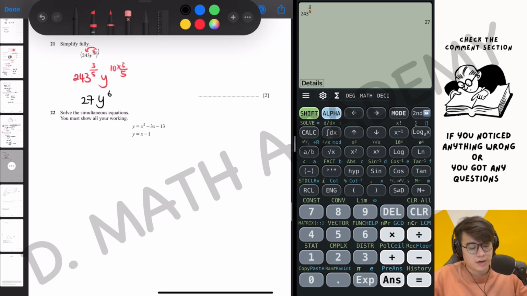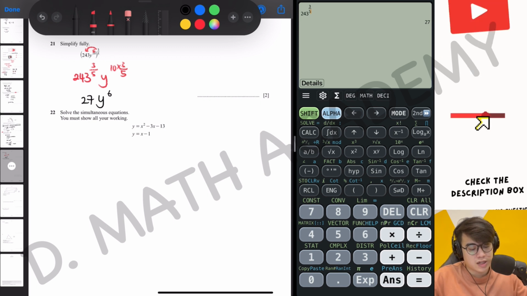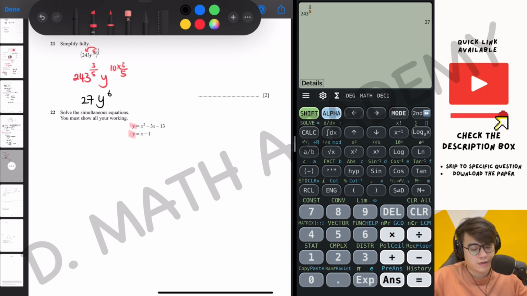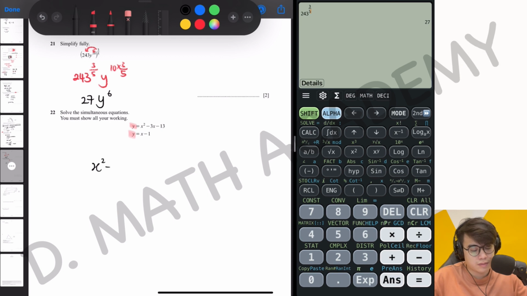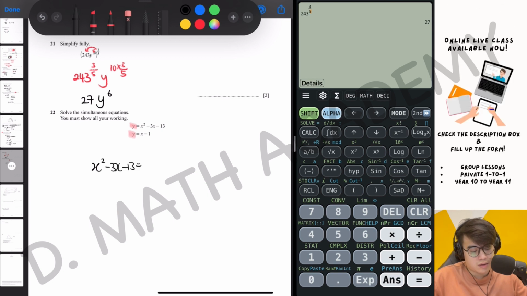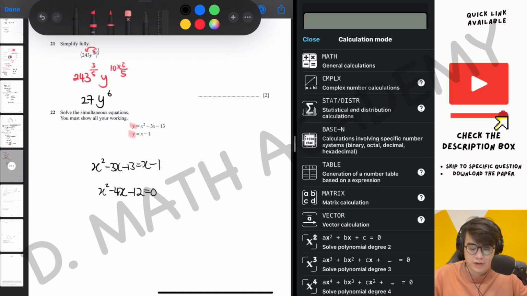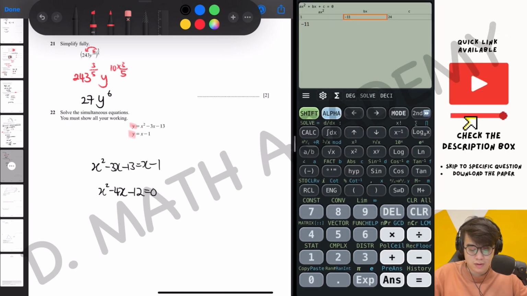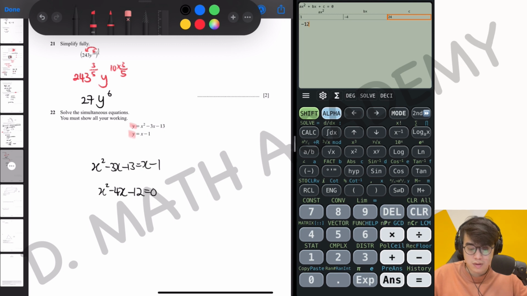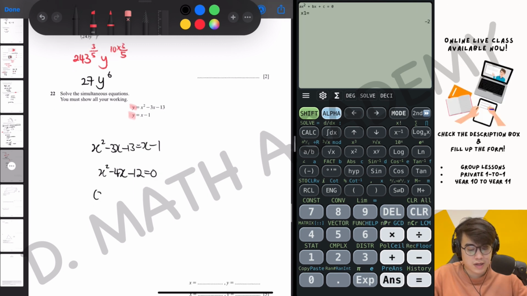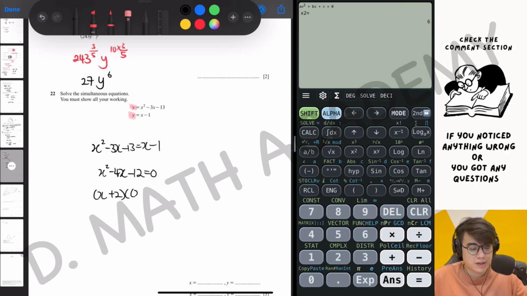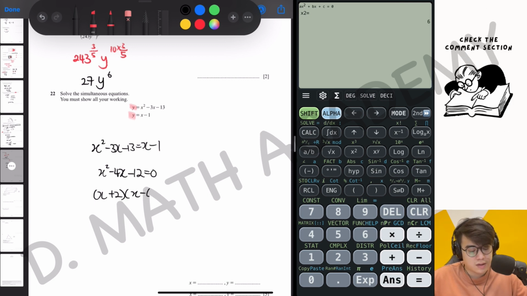And then for the last part, we'll be putting them equal to each other. This is a very similar question to the previous one as well. Arrange them together. You get negative 4x and then negative 12 equals 0. So factorize it accordingly. You will get x plus 2 and x minus 6 equals 0.